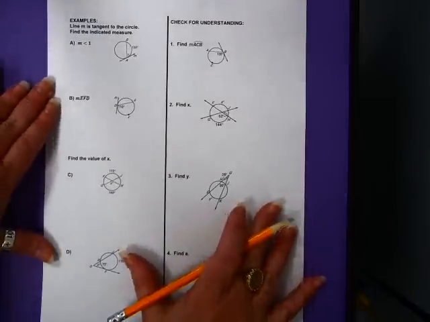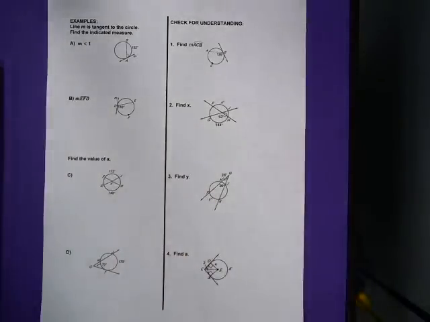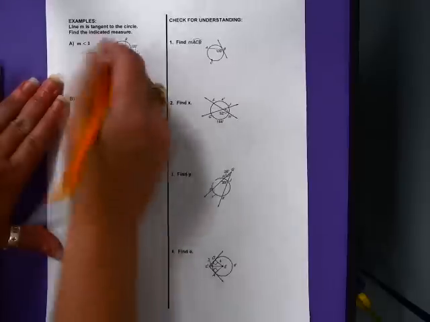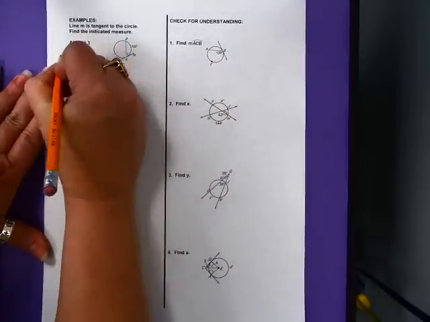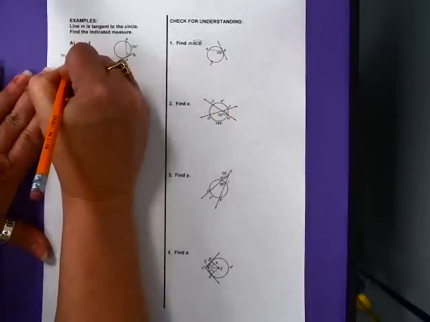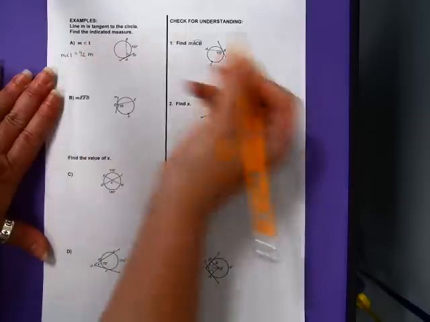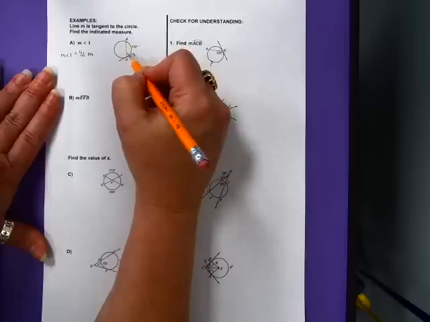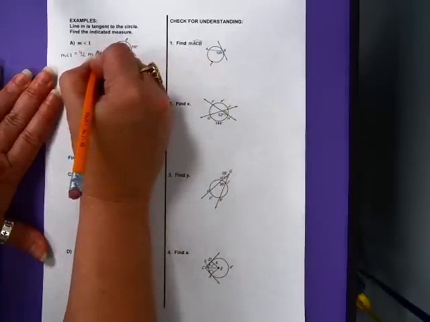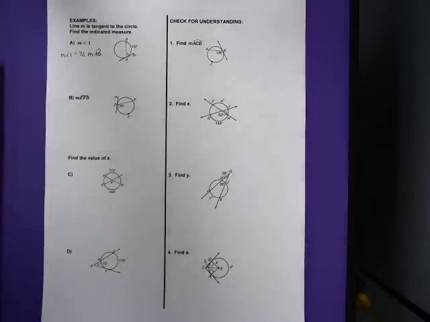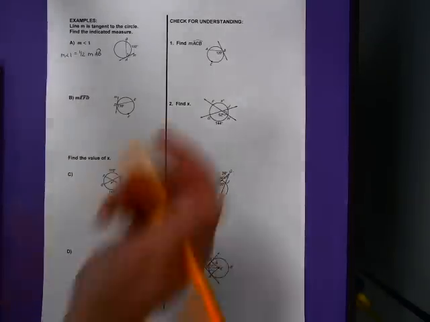All right, here's the first page. Let's find the measure of angle 1, and I'm going to show all the steps. I know from the theorem that the measure of angle 1 is equal to 1/2 the measure of the intercepted arc. Well, the intercepted arc is AB. That's what I know from my theorem. Now I'm going to plug in the information that I know from the diagram.